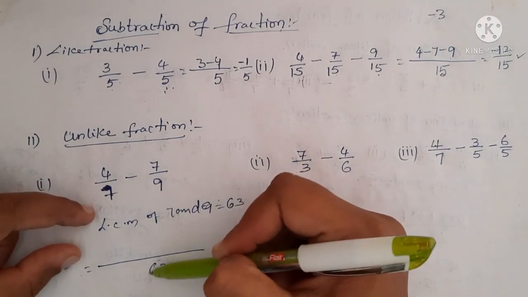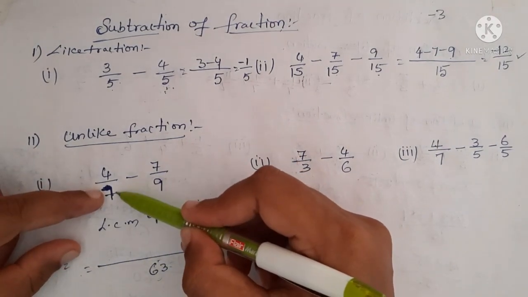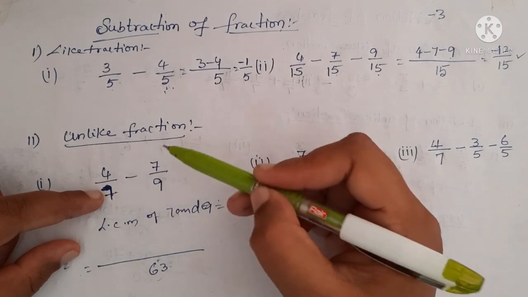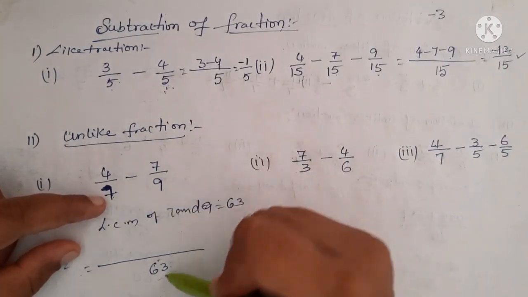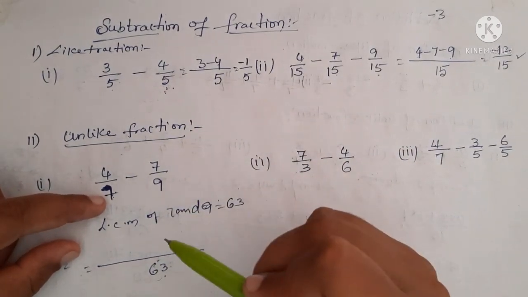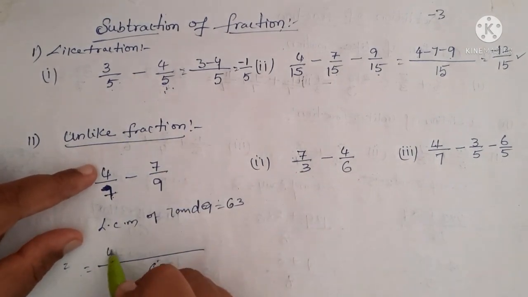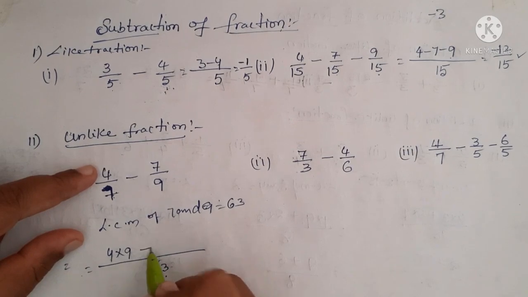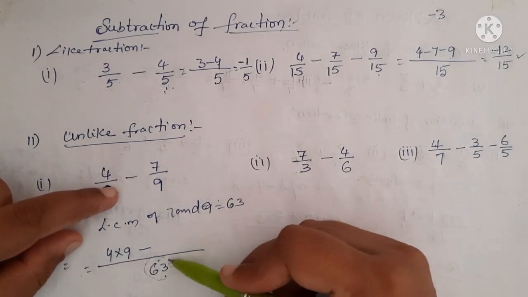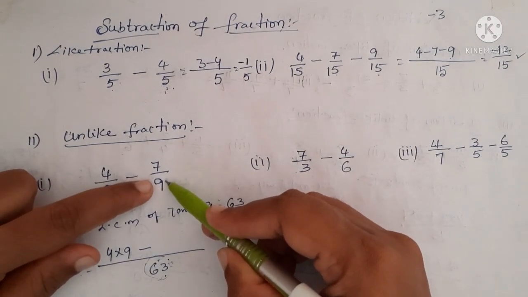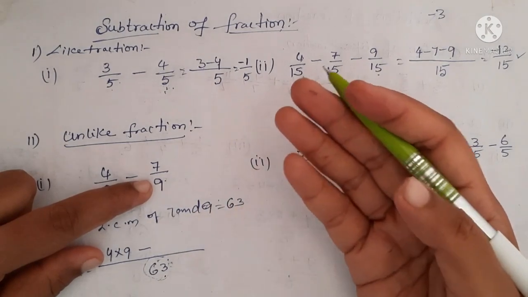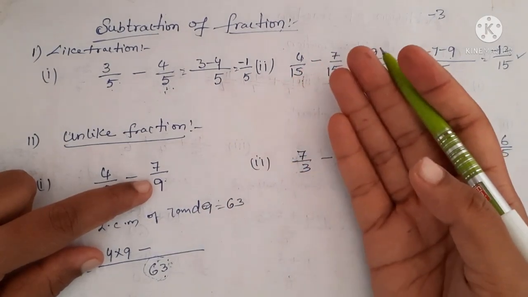Now 63 is divided by 7. What you will get? 9. 7 9s are 63, right? So 9 is multiplied with 4. Right here 4 into 9. And now 63 is divided by 9. What you will get? 9 7s are 63.